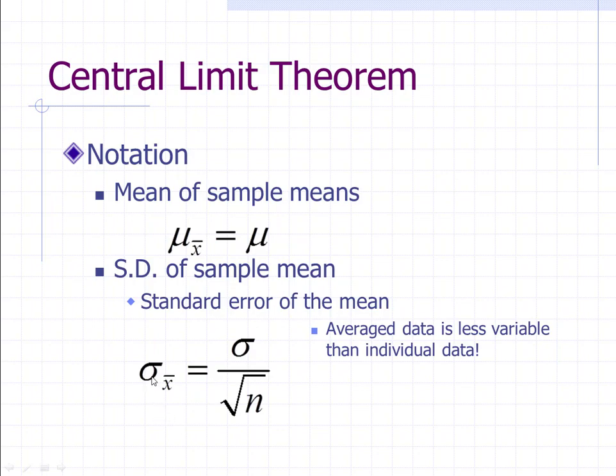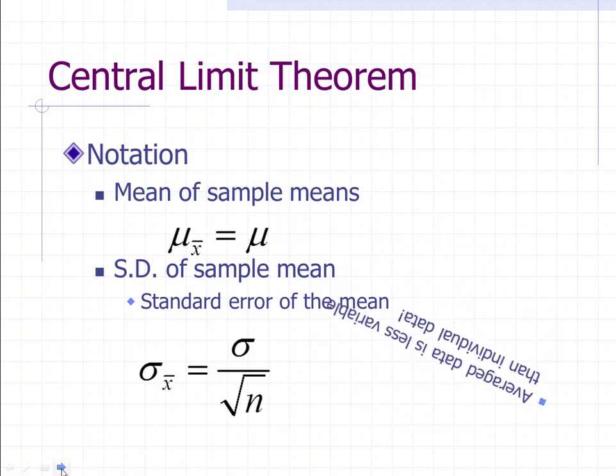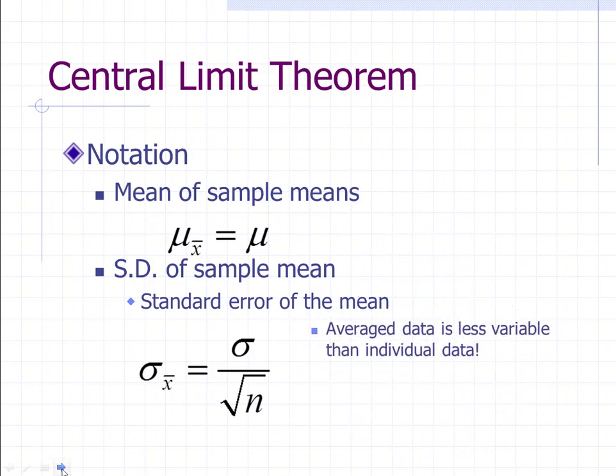The standard deviation of the sampling mean is the population standard deviation divided by the square root of the number in the sample, and that's because of this very, very important idea: average data is less variable than individual data. That's really, really important.